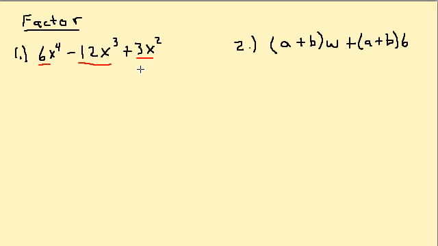Now, the greatest common factor of 6, 12, and 3 is 3. It's the largest number that will divide into each one. Now let's look at the variables. And remember how we talked about in the first video, it's the variable with the smallest exponent. So here it would be the x squared.